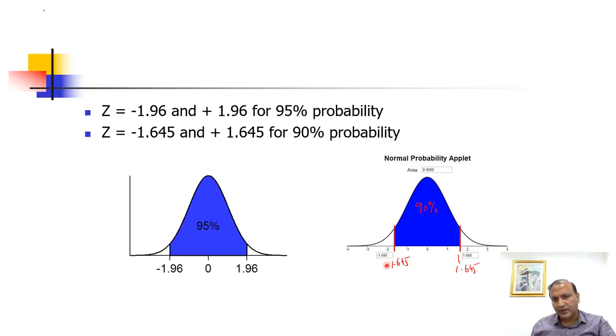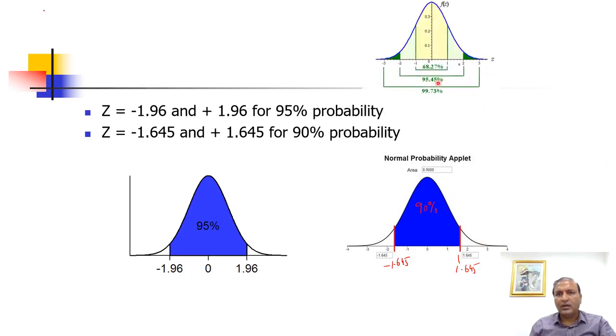On the other hand, if you have another example where the value of z is minus 1.645 and plus 1.645, then this middle area will be 90%, or the probability will be 90%. Okay, so this is the standard normal distribution. You can always find the same number if these numbers are this.